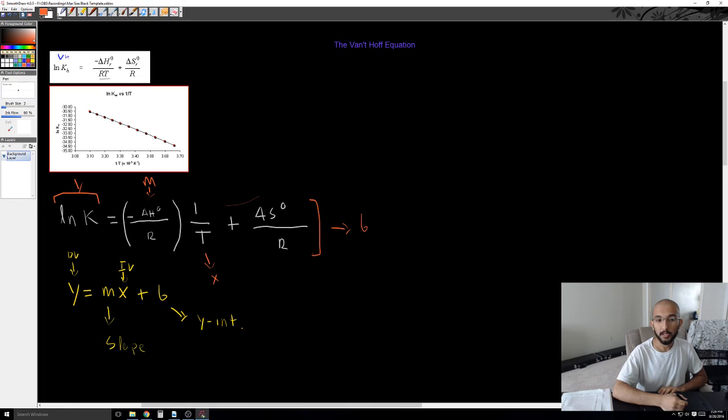The other thing you want to understand about the Van 't Hoff equation is where it comes from. I told you it's pretty easy to derive, and when you have low-hanging fruit like that, it can be very beneficial to just go ahead and derive it. So let's do that.